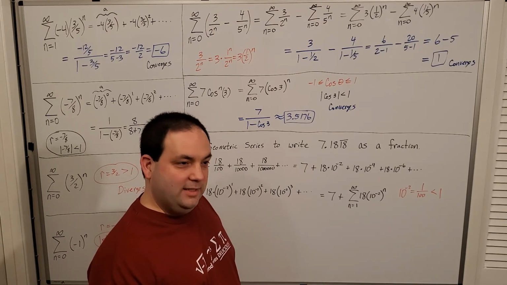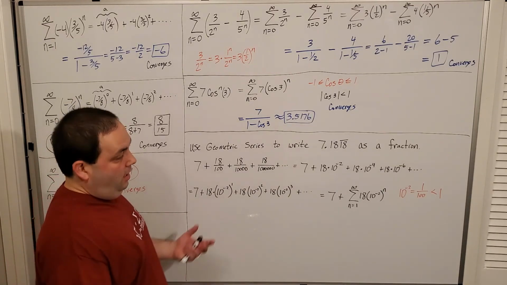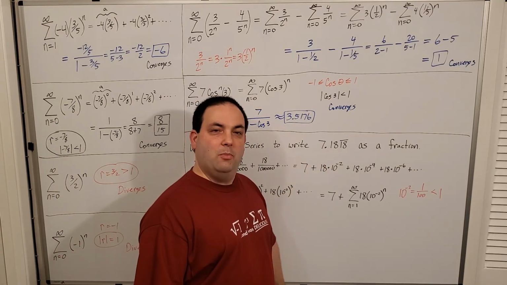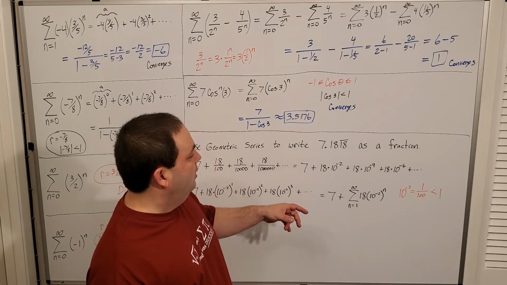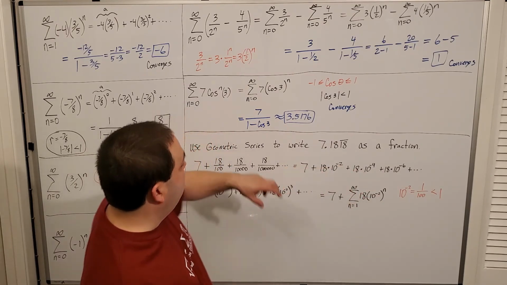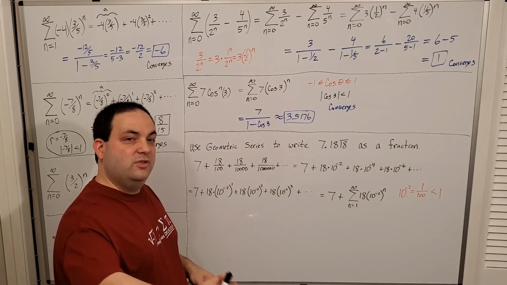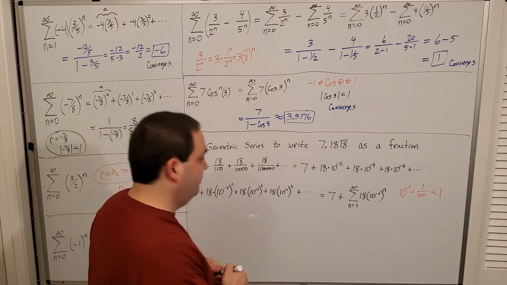Absolutely, pun intended. Therefore, we can tell that this does converge. Obviously, we created it from a number, right? It better converge back to that same number. However, the fact that it converges in a geometric series is going to allow me to use my fraction setup to simplify it, and then I'll be able to have it in fraction form.